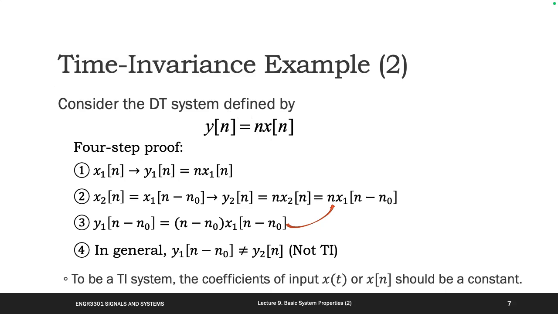So the time may change. Tomorrow's time and today's time may be different; the time now and the time after 1 hour may change. That makes sense to you? That's the reason why, if there is an n, if it involves time, it will not be a TI system.